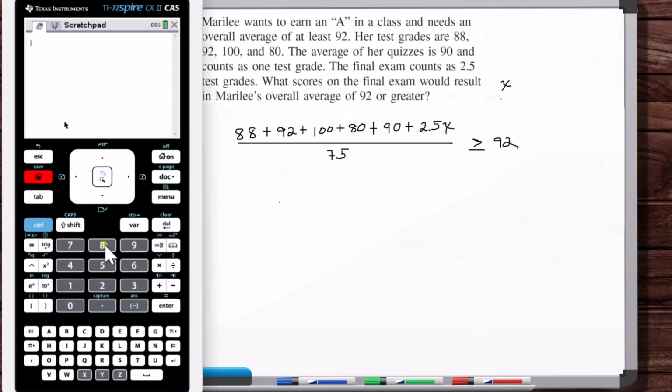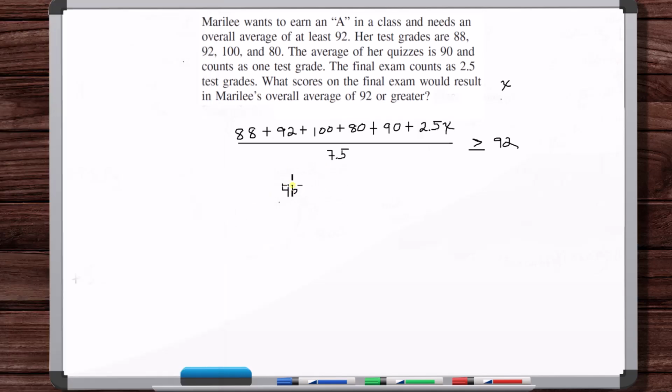Okay, so 88 plus 92 plus 100 plus 80 plus 90 is 450, plus 2.5x. Okay, yeah, look, this is a linear equation in one variable. Let's multiply by 7.5.